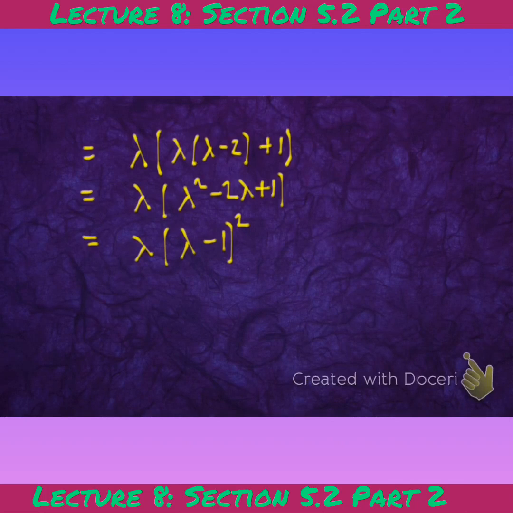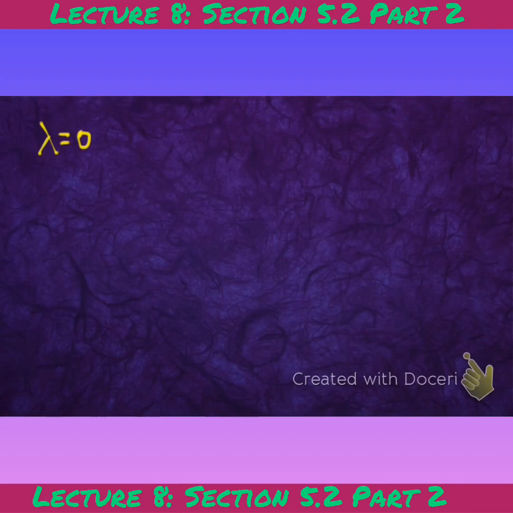Now if we put that equal to 0, that happens if and only if the eigenvalues become lambda equals 0 and lambda equals 1. Okay, so let's look at the eigenspace corresponding to lambda equals 0.